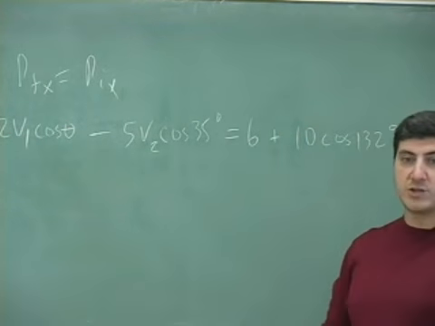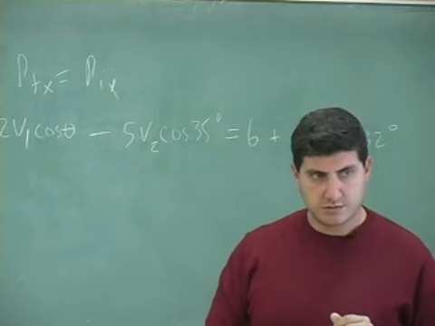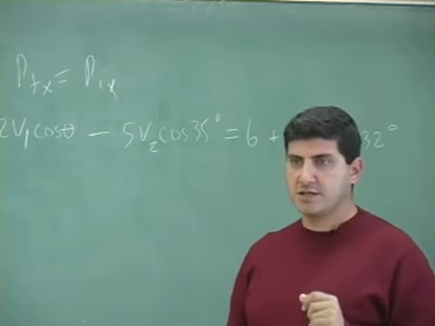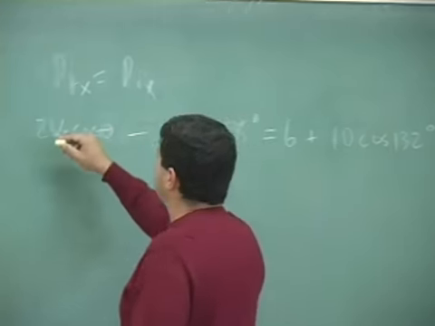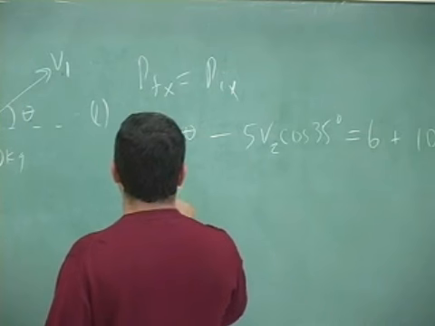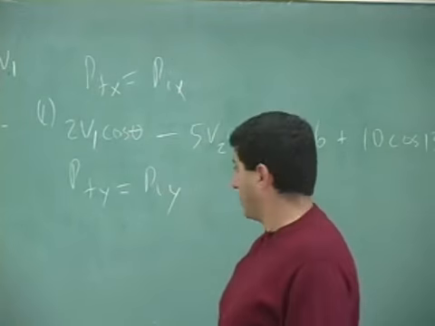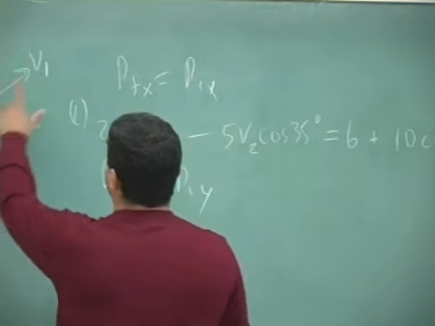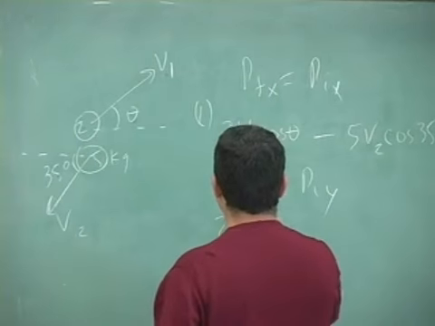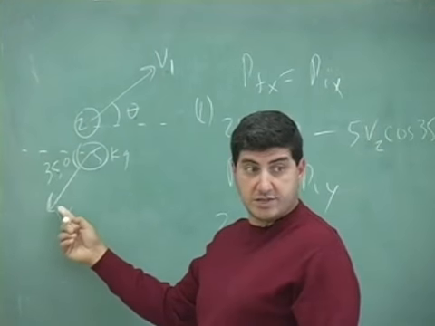So that's one equation. We're going to end up with 3 equations and 3 unknowns here. This is an algebraic problem here. Got to use algebra. That's the one equation. Then we have P final in the y direction equals P initial in the y direction. P final in the y direction is 2 times V1 times sine of theta. And then the y velocity of this is also negative.